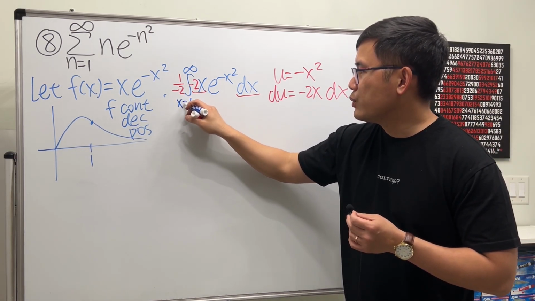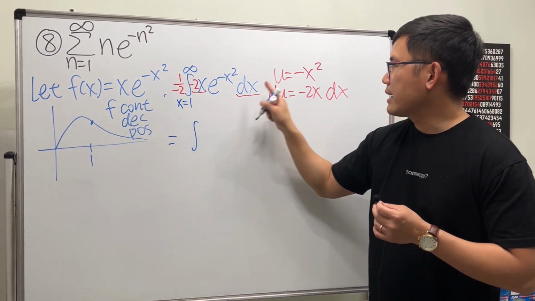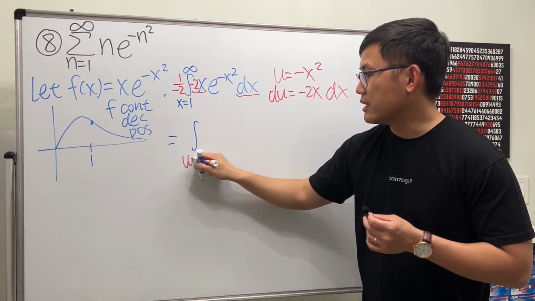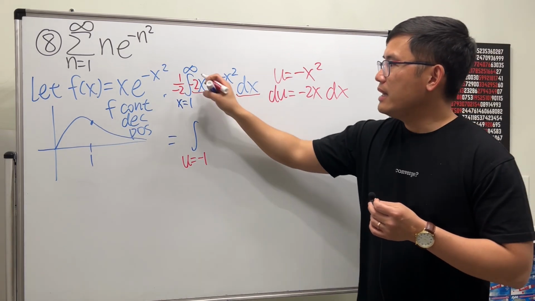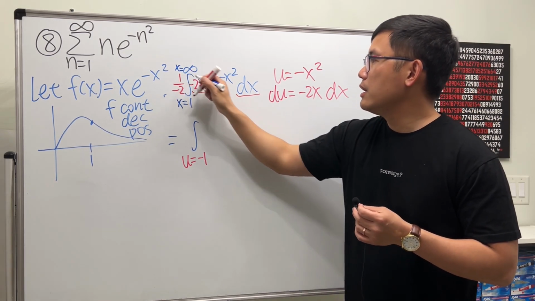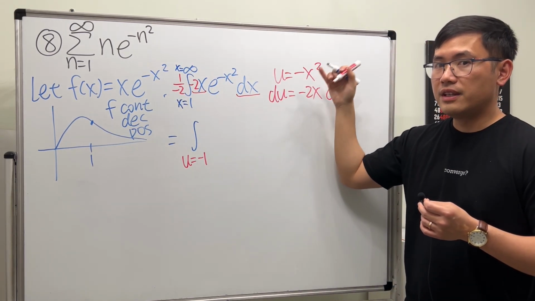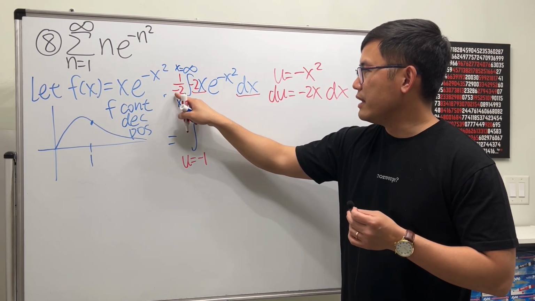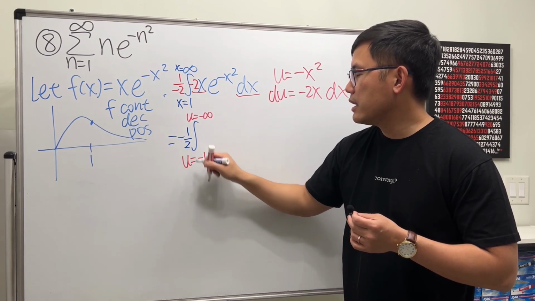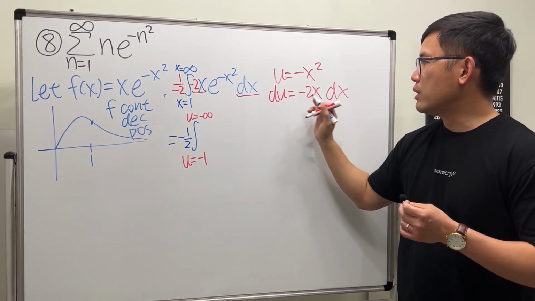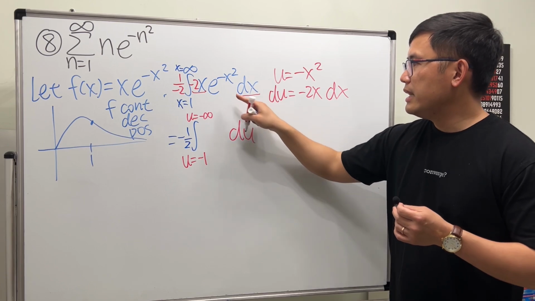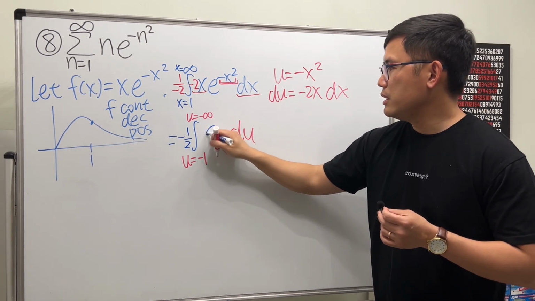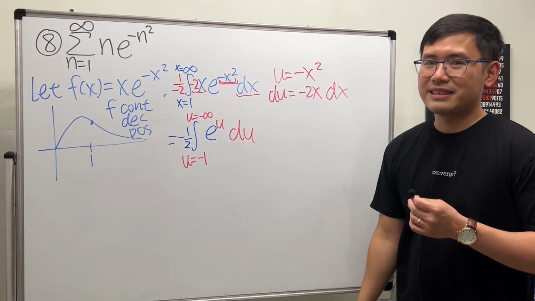Now, when x is equal to 1, plugging 1 here, we get negative 1 squared, which is negative 1. And when x is equal to infinity, put it here, we get negative infinity squared. So it's negative infinity. And then we have the negative 1/2 in the front, and then this and that is our du, and then we have e, this part is our u, so e to the u, just like that.